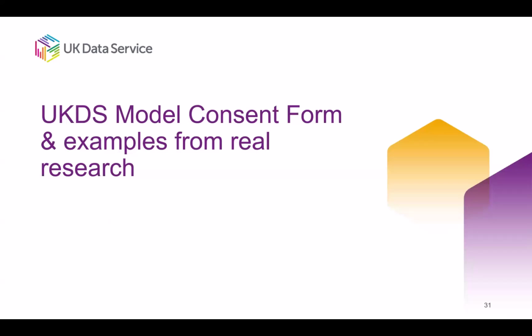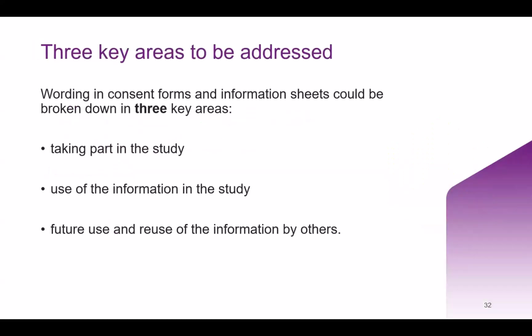Now I'll show you some real examples from the consent forms that depositors have used to deposit their data with us. But before that, you can break down the information in the consent form into three key areas: information related to participation in the research, how the information collected will be used by the researcher, and information about future uses by the researchers.